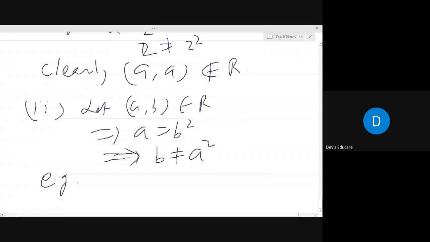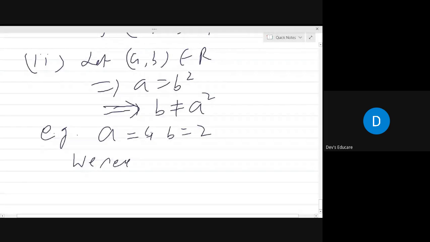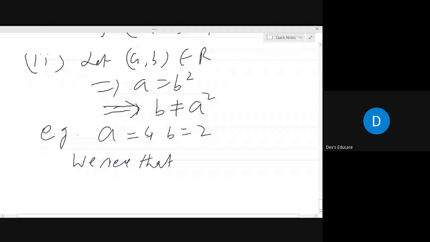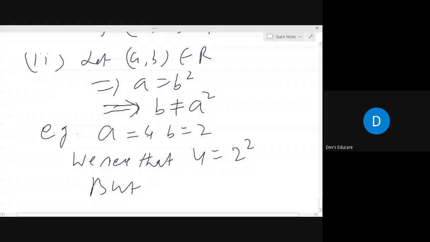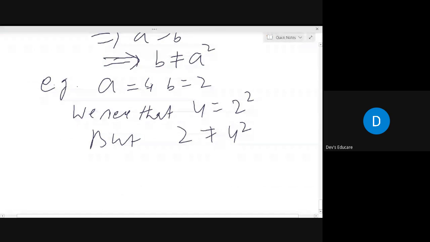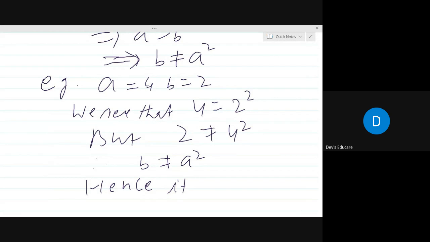If we take an example, a equals 4, b equals 2, obviously 4 equals 2 squared, but 2 cannot be equal to 4 squared. Therefore b cannot be equal to a squared. Hence, it is not true. The first one was also not true, and I should write that for the first one too. It is not true.